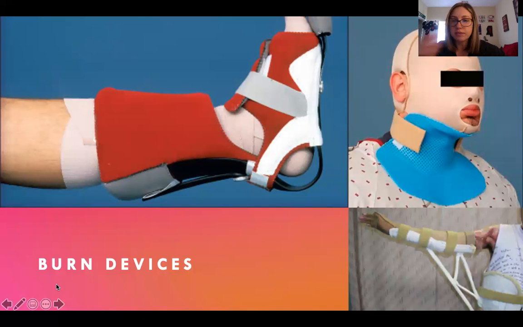These are just some devices that can be used. This one down here with the arm is keeping them in a safe position, also providing some compression. And the foot one is elevating the heel, keeping it non-weight bearing, which will help keep it elevated and compressed, so that'll help with scar and healing.